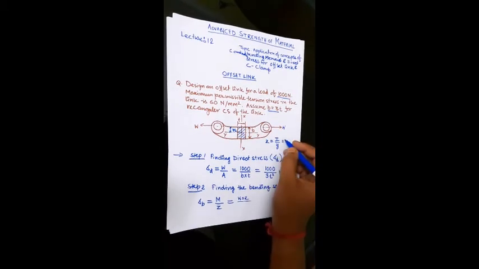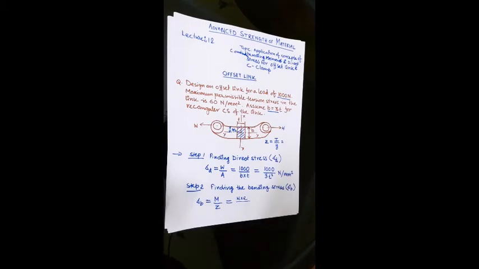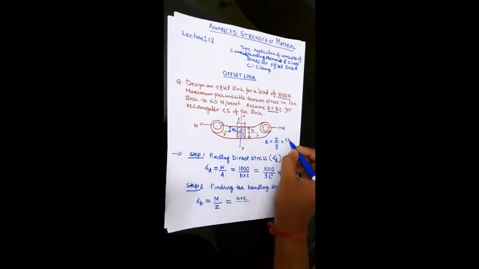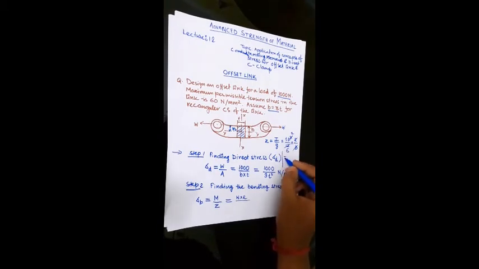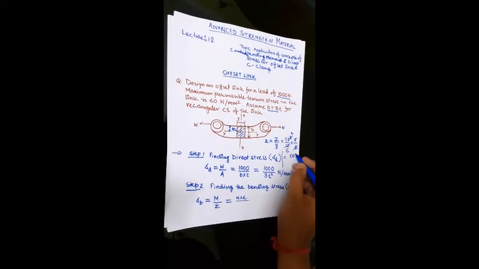Now I for the rectangular case will be t b cube by 12, and the y value is nothing but b by 2. If we calculate this, our section modulus value will be t b square by 6. This will be our section modulus value.